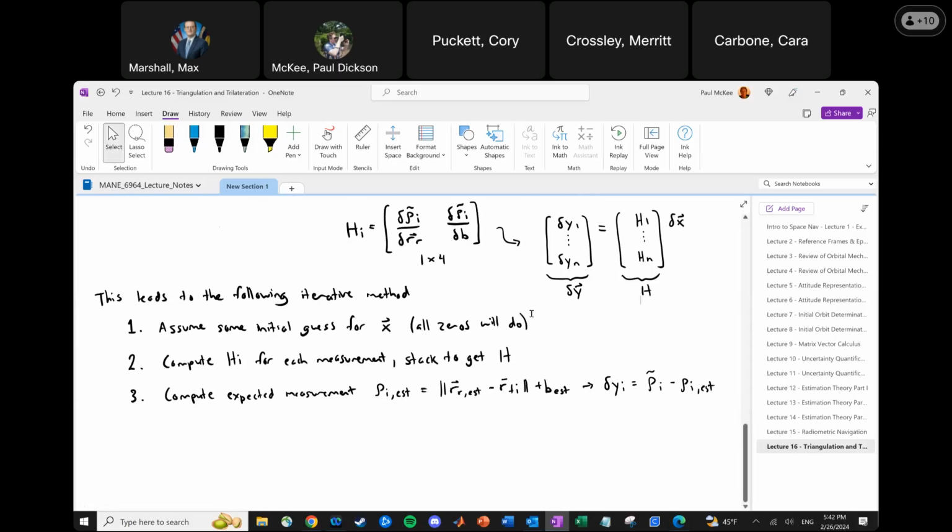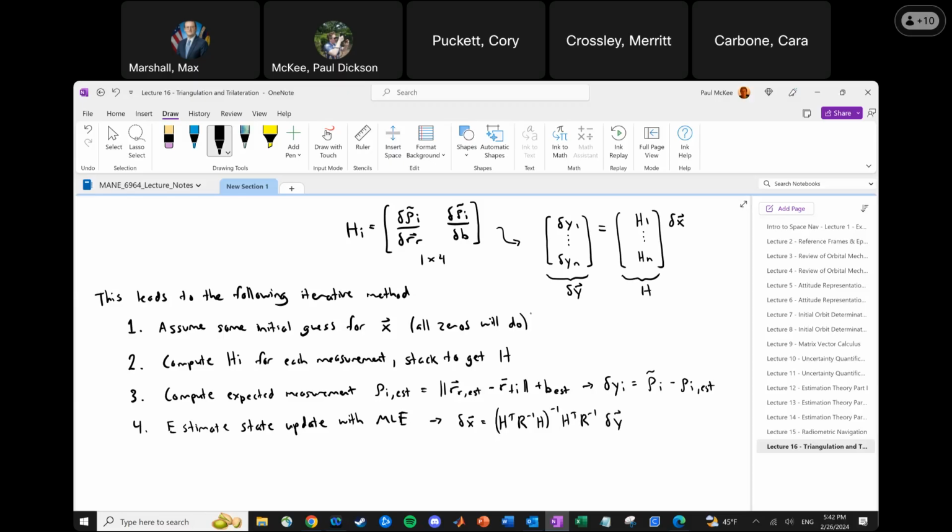Okay. So now we can estimate our state update, not the state, but the state update, with MLE. And so as a reminder, this would look like delta X is equal to H transpose R inverse H, inverse, times H transpose R inverse delta Y. And then we can update.